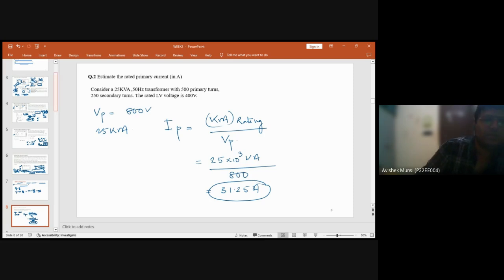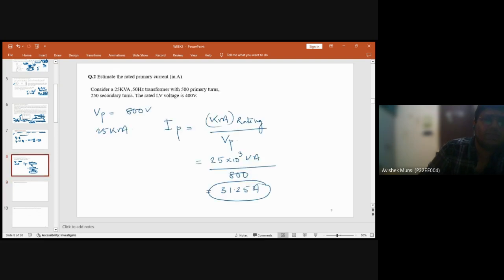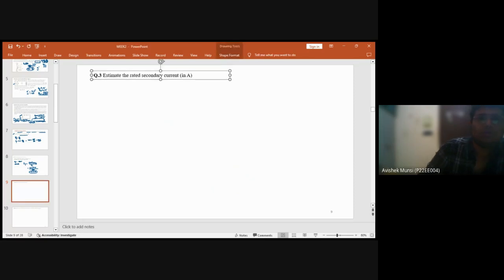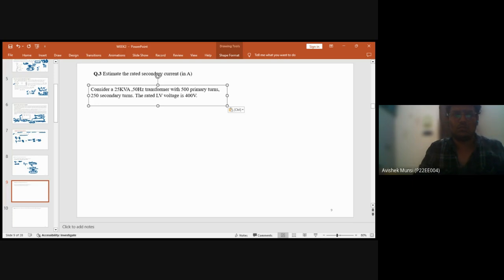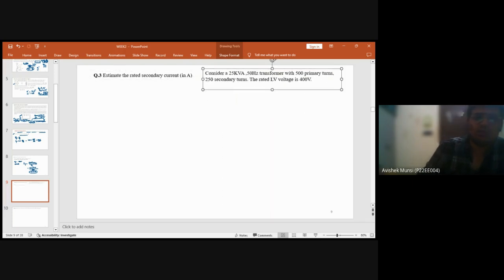Now the next part is to calculate the secondary current. Right? Calculate the secondary current. I'm putting this data here because it's common data for all the questions, right?